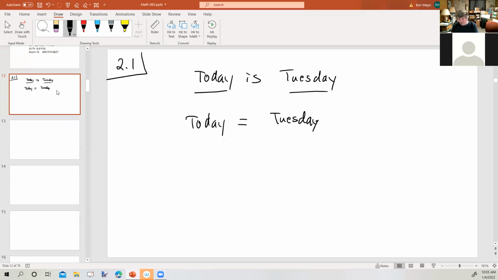We don't usually talk that way, but in fact, today and Tuesday are the same thing as of right now. If we have a statement x equals 7, this is also an equation. It tells us that x, which is a variable, takes on this specific value 7. X equals 7 is an equation.